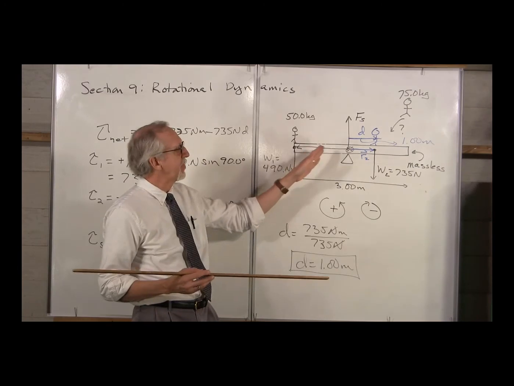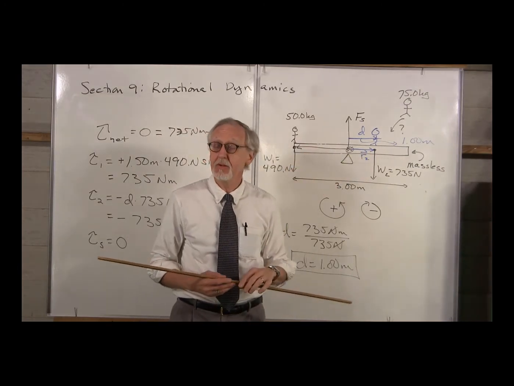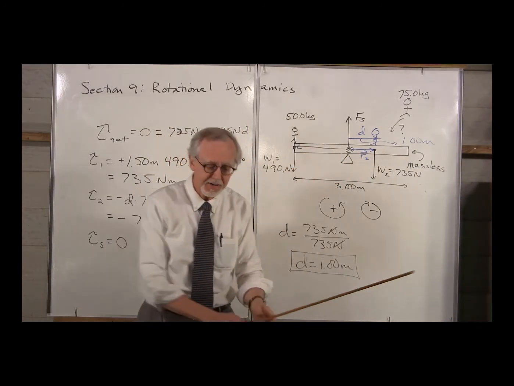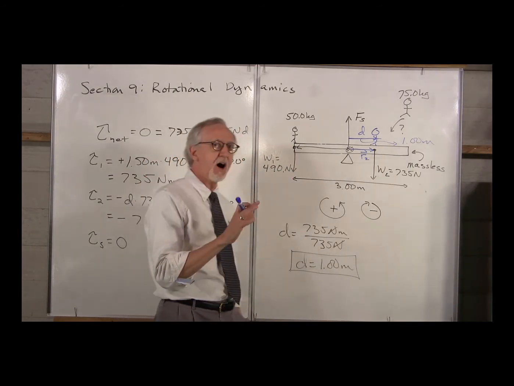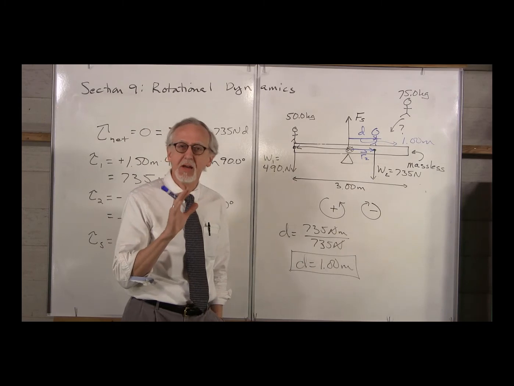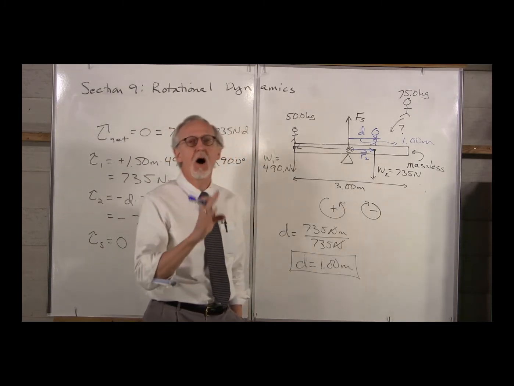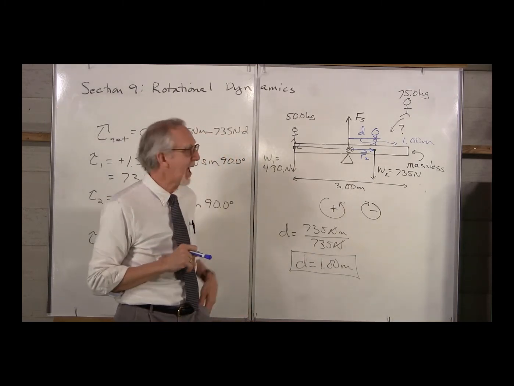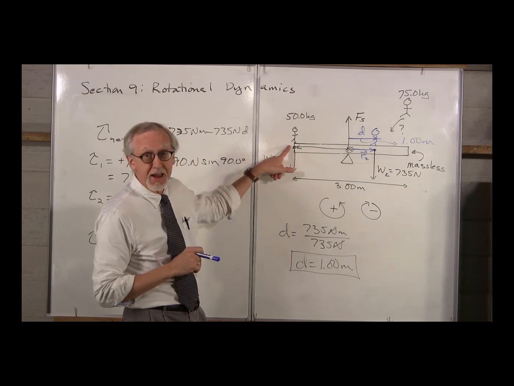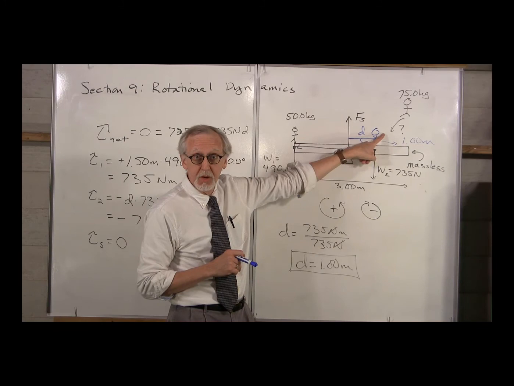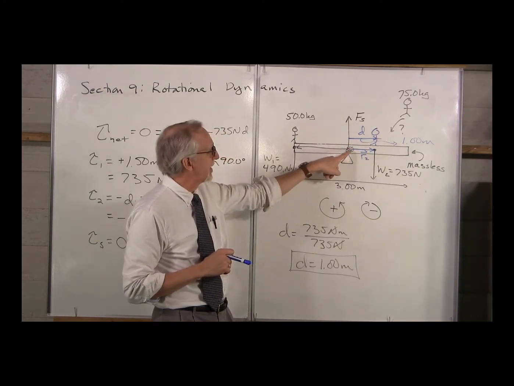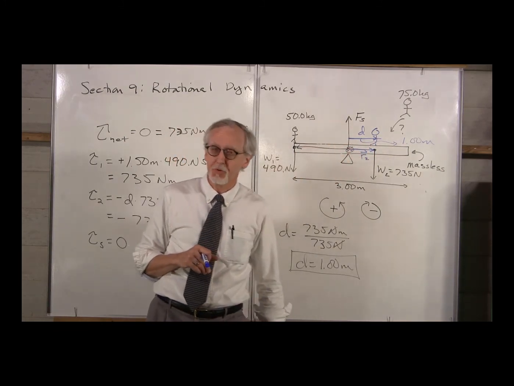We then looked at the forces acting on the seesaw, drawing a free body diagram, making sure that not only did we draw the forces on the diagram, but we were very, very careful about where on the object those forces were acting. The first force acted at this end, the second force acted wherever this child was going to be sitting, and the third force acted at the support force.